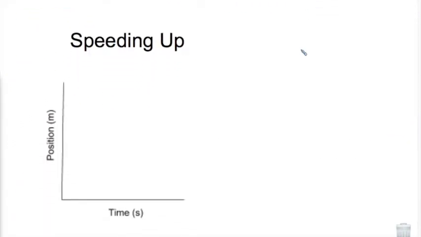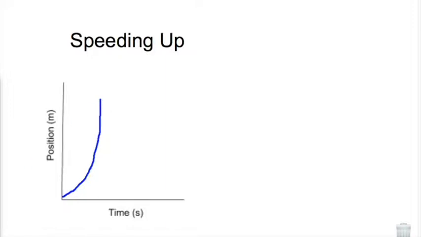Now what if the velocity was not constant? What if we were speeding up? So let's assume we're starting with some sort of positive velocity, and then we're going to a higher velocity. A positive velocity might look like this, but if it's speeding up, that means it's going to get steeper and steeper. So it's actually going to curve upward.